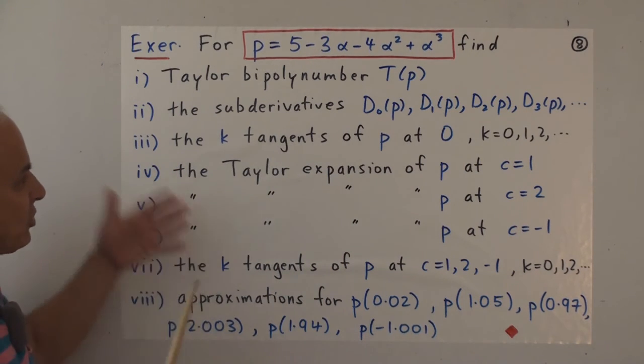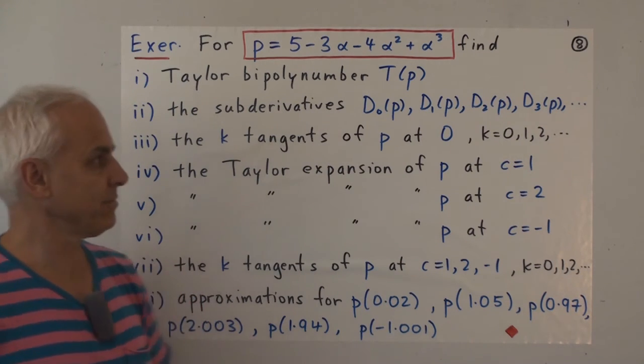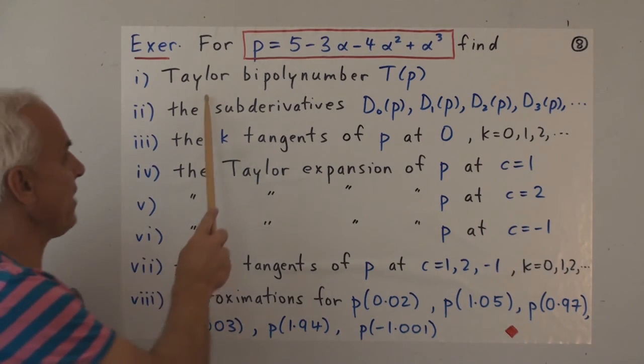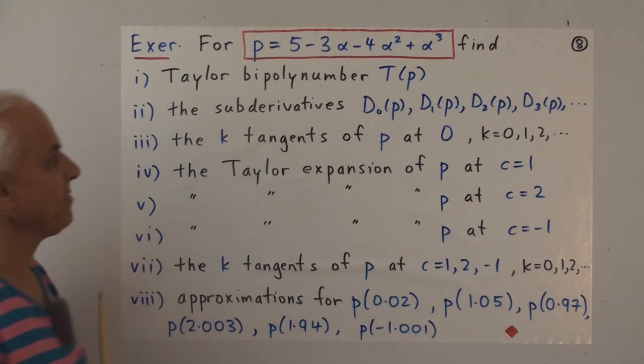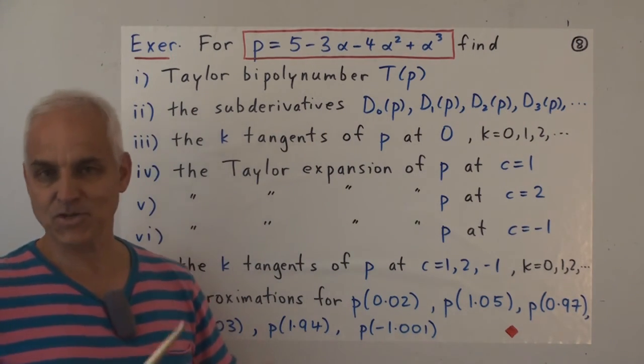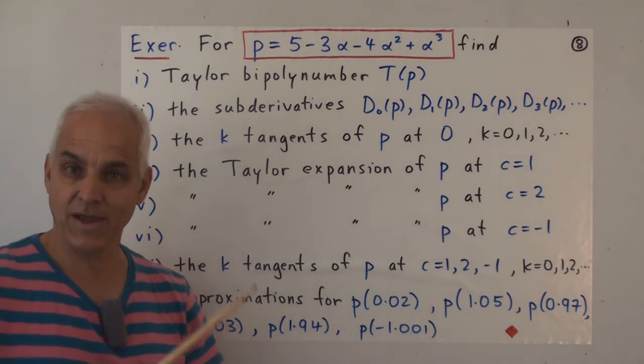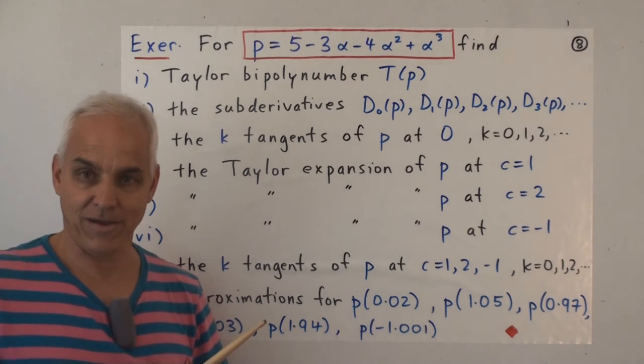And I want you to do pretty well all of the things that we've been talking about. First, find the Taylor bipoly of this thing. And I remind you that the easiest way of doing that is to exploit the fact that you know the Pascal array.